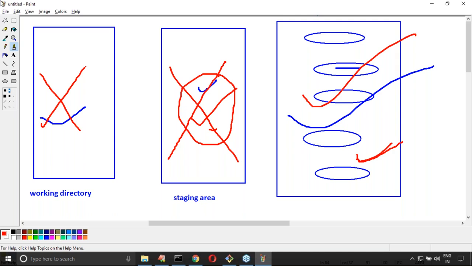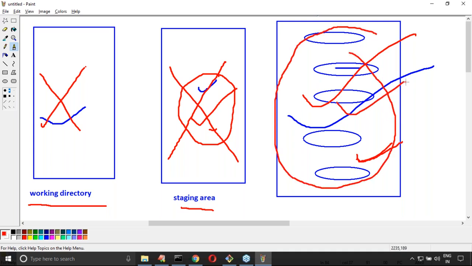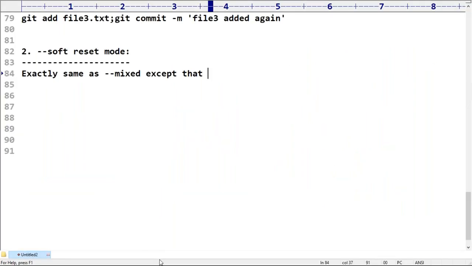So this soft reset won't touch the staging area and won't touch the working directory. It is always going to remove the files only from the local repository. Is it clear?